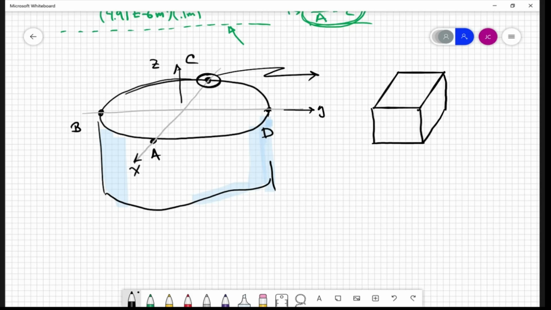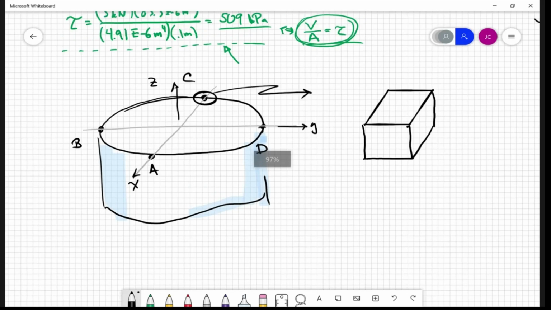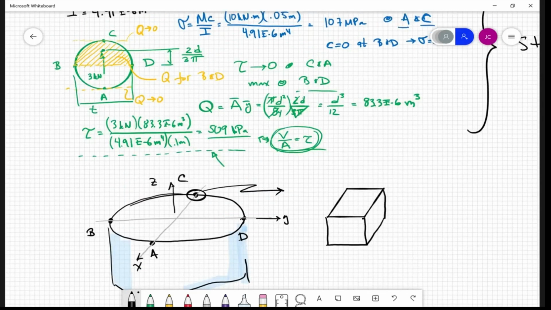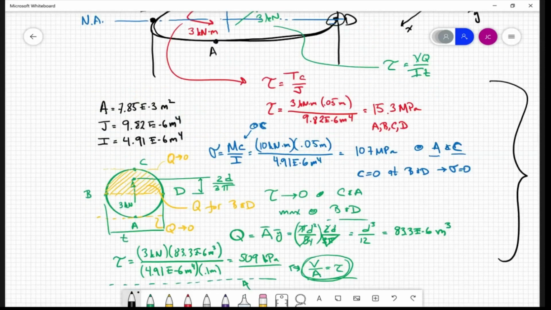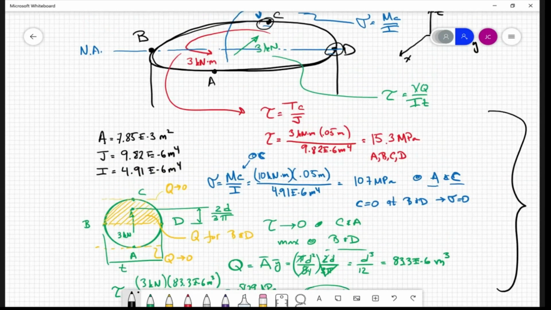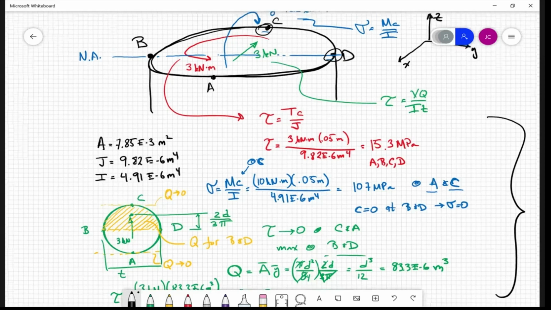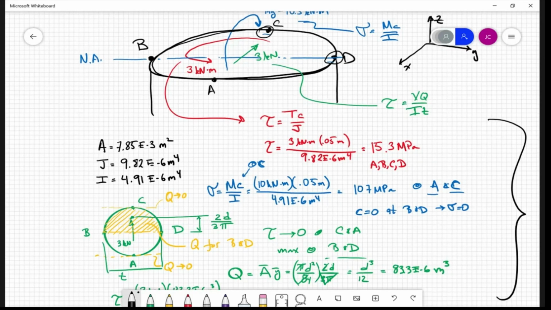All right, so let's figure out where these stress components act. Let's go one at a time. First, let's do the torsional shear stress, this red one, the 15.3 megapascals. How does that shear stress act on point C?